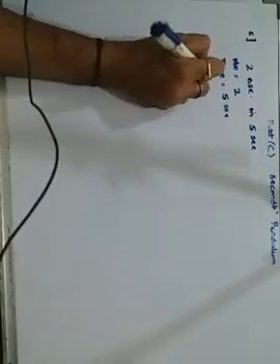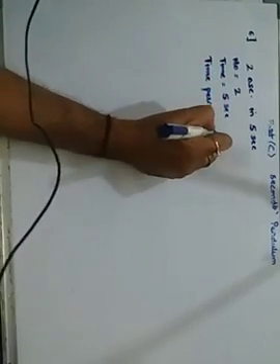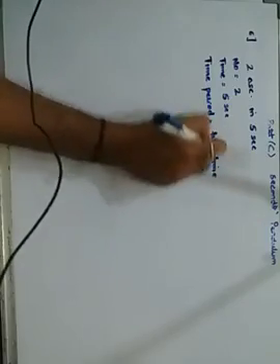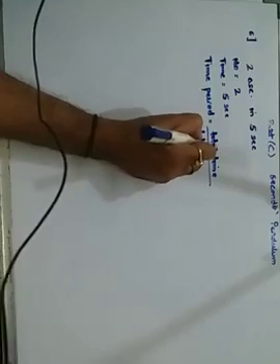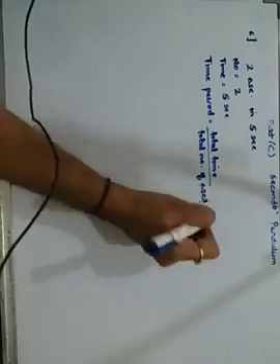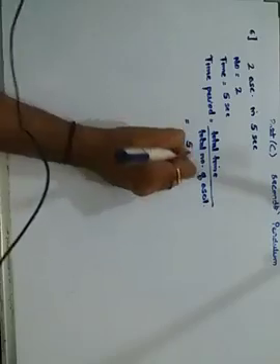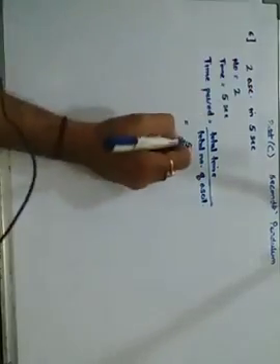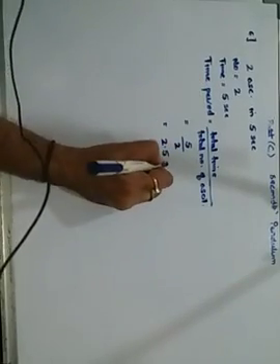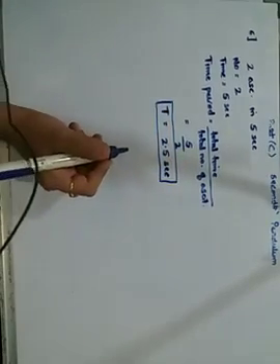For time period we have a direct formula: the time period is the total time taken upon the total number of oscillations. To complete so many oscillations, how much time is required? The total time taken was 5 seconds, and we have completed 2 oscillations. So it comes out to be 2.5. Time period is given in seconds. So your capital T time period is 2.5 seconds.